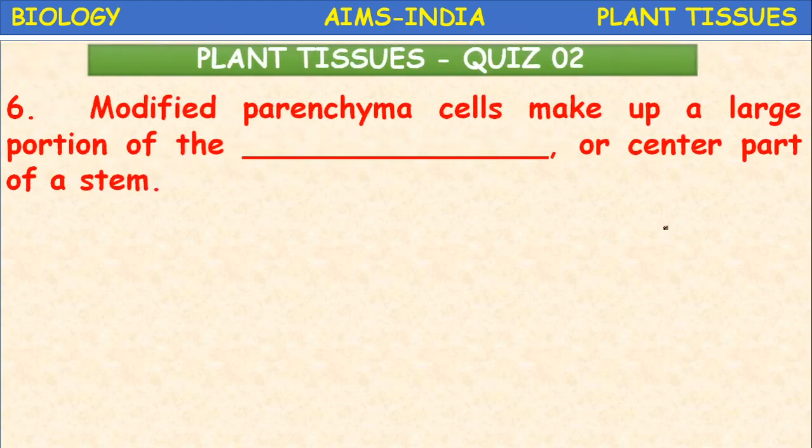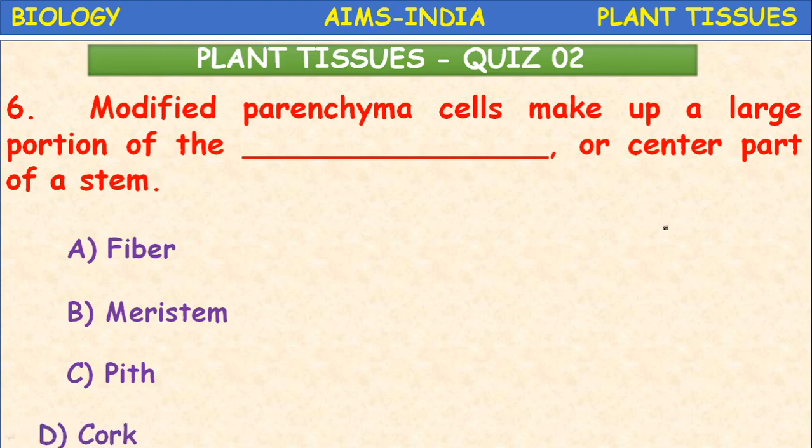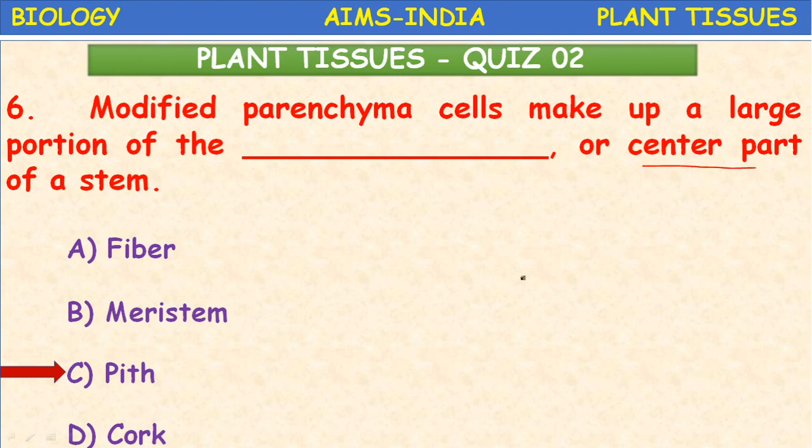Next, modified parenchyma cells make up a large portion of the dash or center part of the stem. Fiber, meristem, pith, cork. The modified parenchyma cells will form the pith. Makeup of large portion of the central part is mentioned. So the central part is nothing but a pith. It is made up of parenchyma cells.